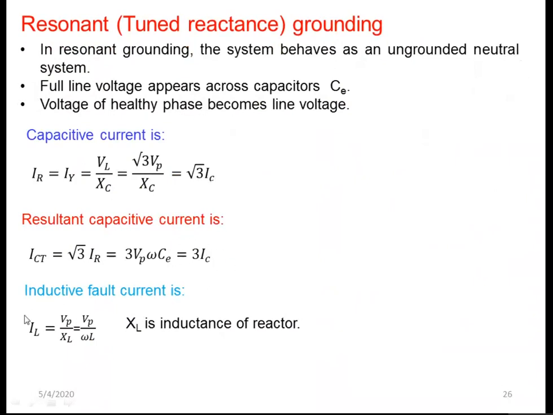And we have introduced the inductance between the neutral and the earth, and thus the inductive fault current that would flow will be the voltage over the reactance, that is Vp by omega L, where XL is the reactance of the reactor.